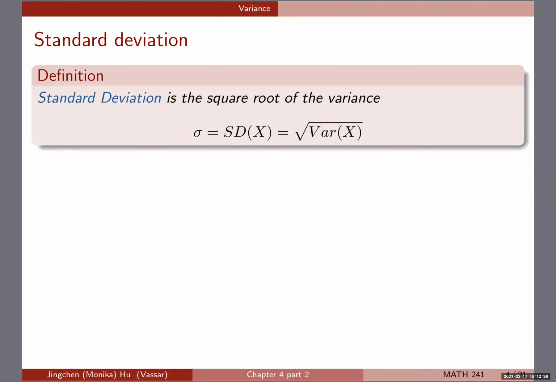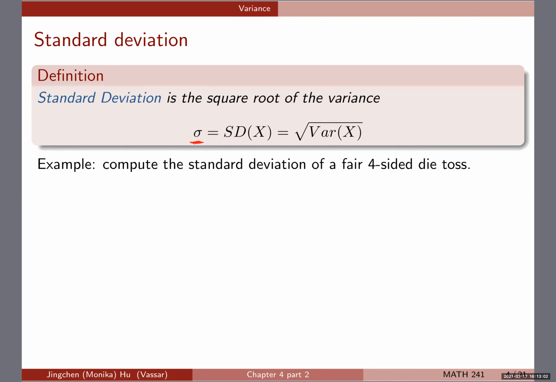It's just the square root of the variance. We use sigma to represent the standard deviation, and remember earlier, we used sigma squared to represent the variance. So sigma is the square root of the variance. And for calculation, once you know what the variance is, you're able to compute the standard deviation.